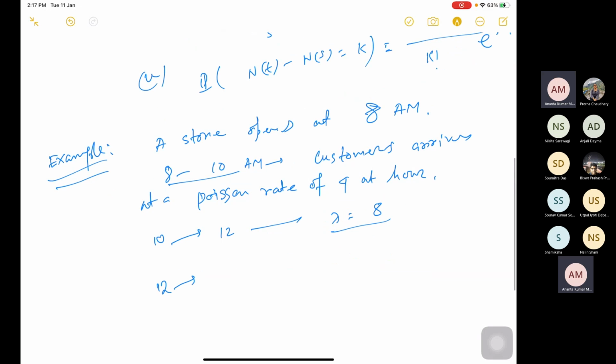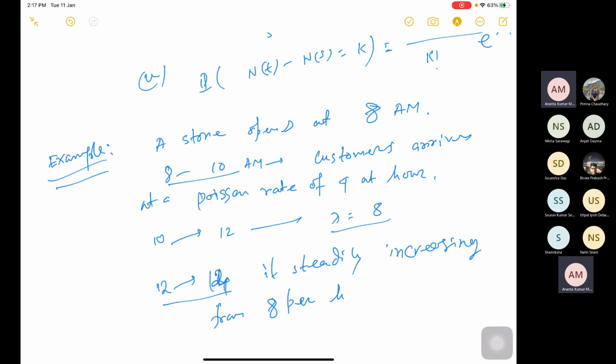Now from 12 to 2, which is 14 if I think of the whole day as 24 hours, so from 12 to 14, it is steadily increasing from 8 per hour at 12 to 12 per hour at 14.